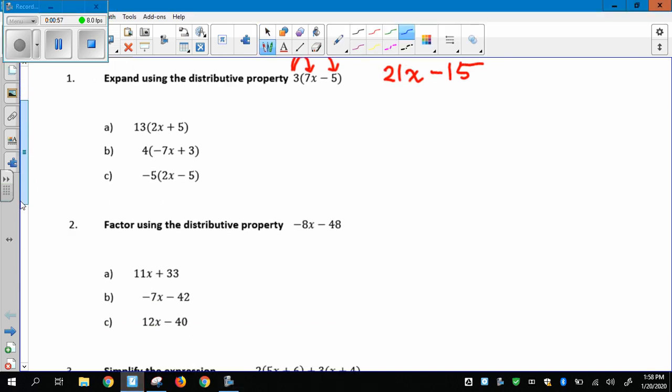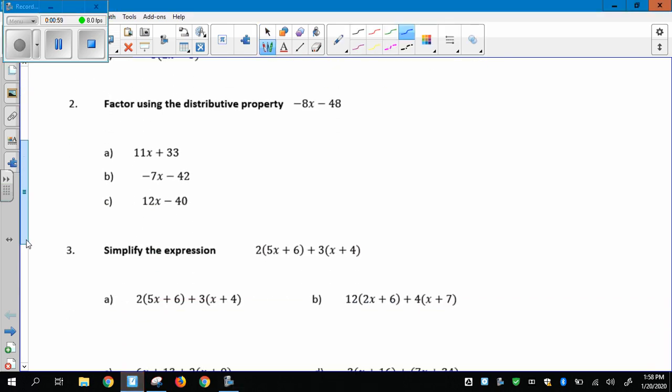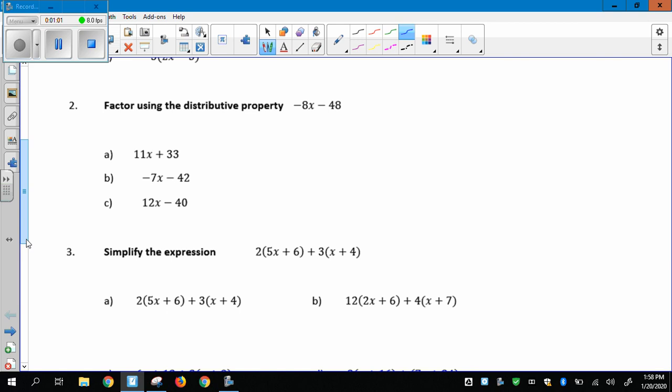All right, on the second problem, we're going to just kind of reverse that process. Instead of expanding it, we're going to write it with parentheses. So we want to think of some number that is a factor of both -8x and -48, and try and get the greatest common factor if you can.